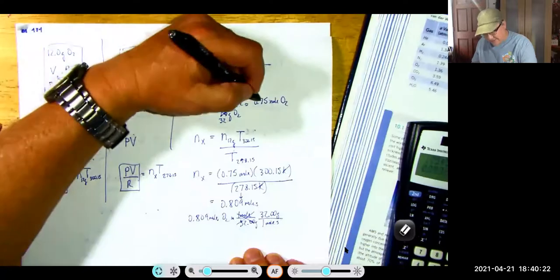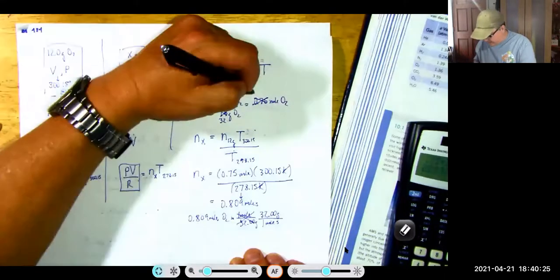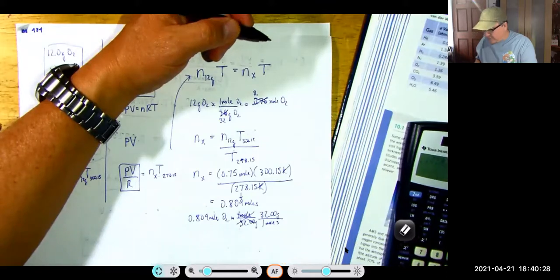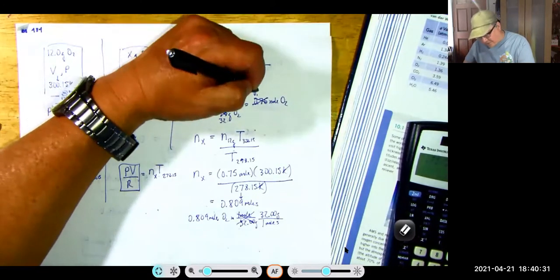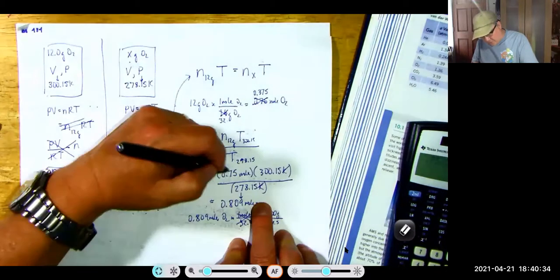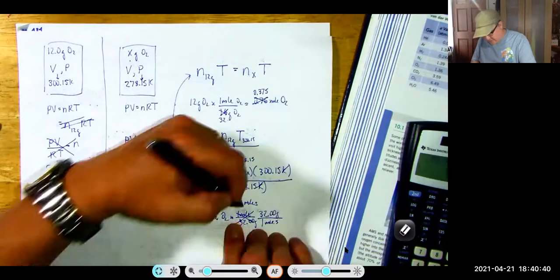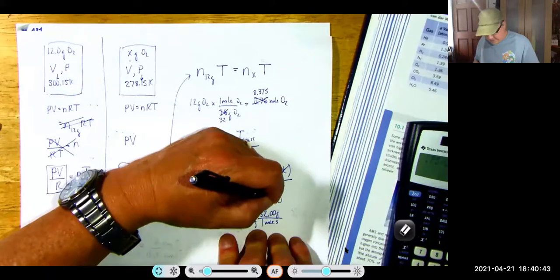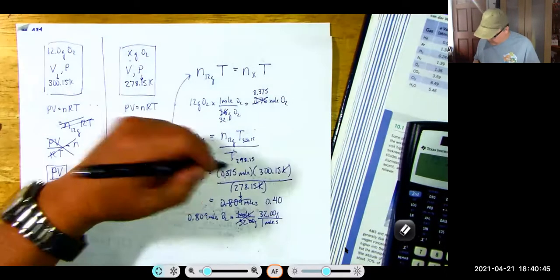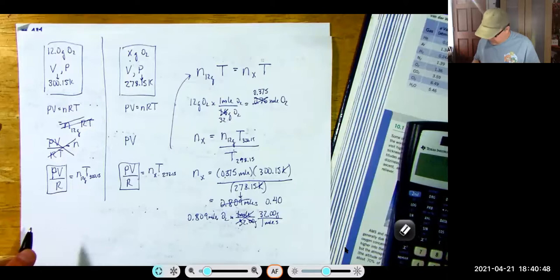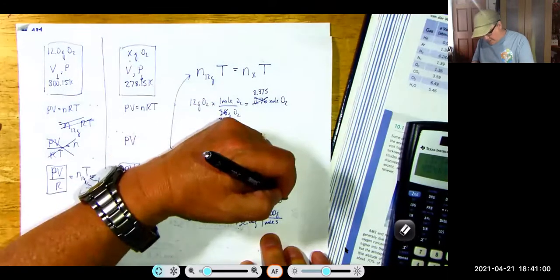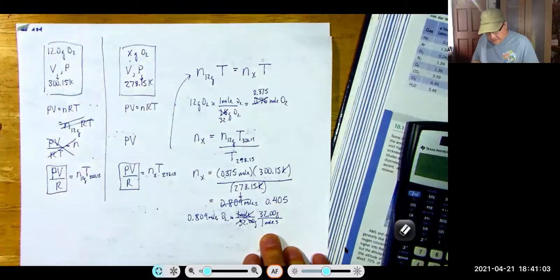And so that means this is not 0.075, it's 0.75 divided by 2. Maybe you caught this before I said anything. So that makes this 0.375. And that makes this 0.405.